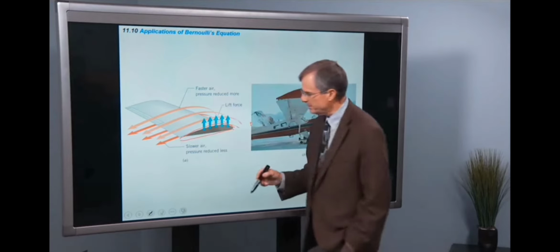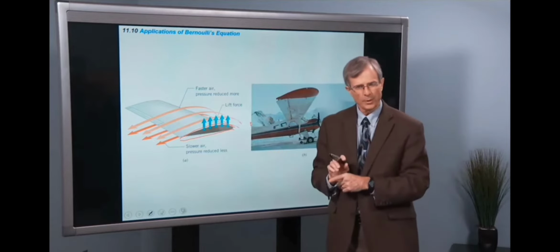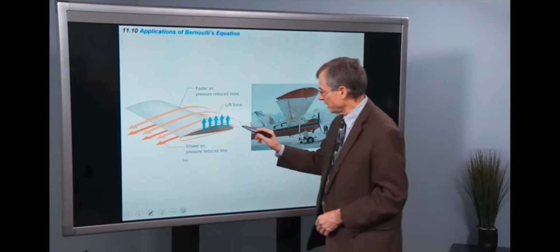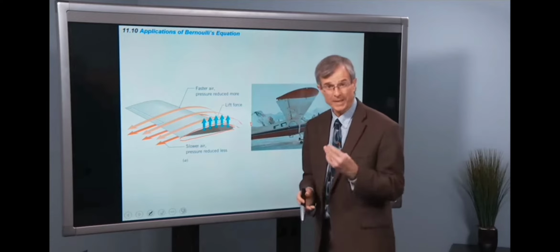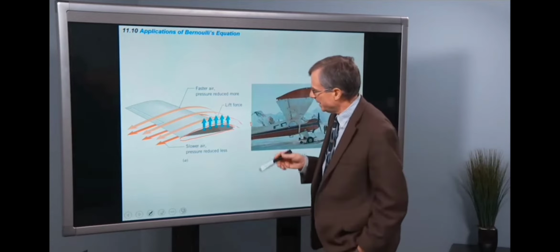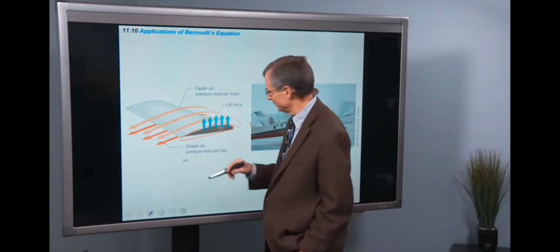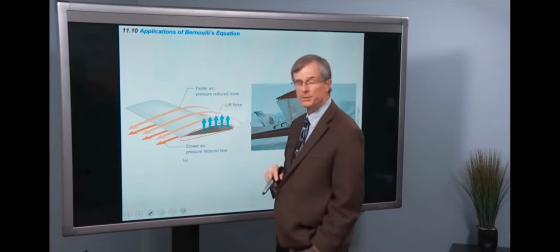And if they meet up after they both made their trek across the airfoil, if they meet up at the same time, so they started out together and they end up together, that would be a streamlined flow, a steady flow. Then that would mean, in order for them to meet up after their journey is over, that the guy on the top had to be traveling faster.